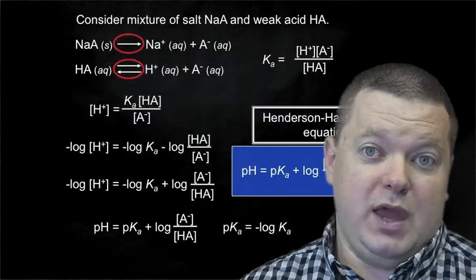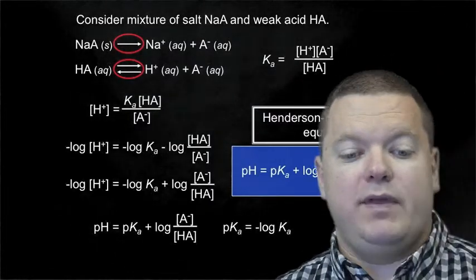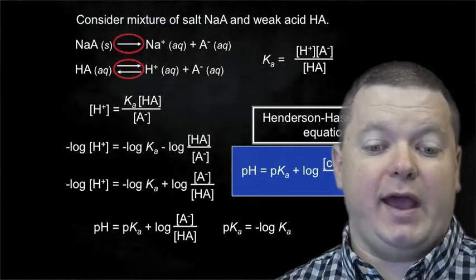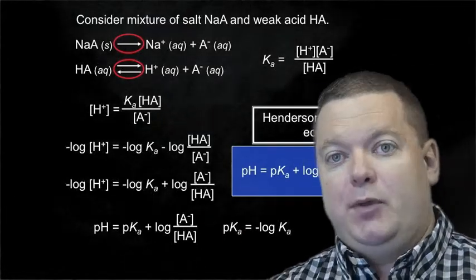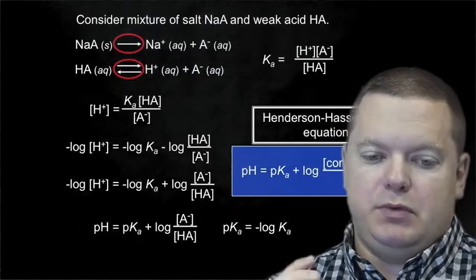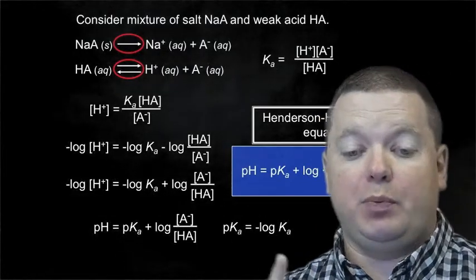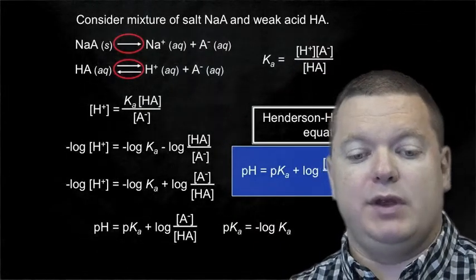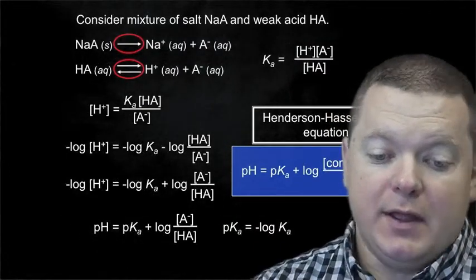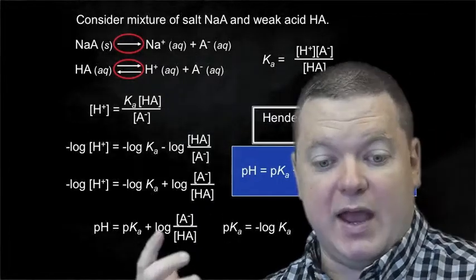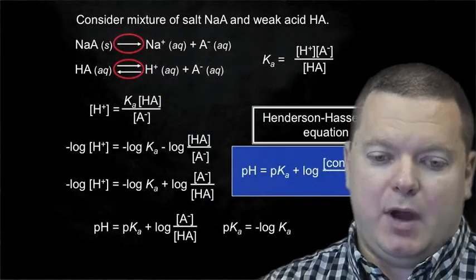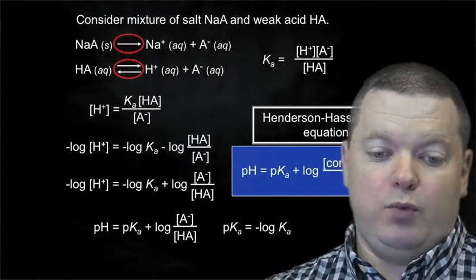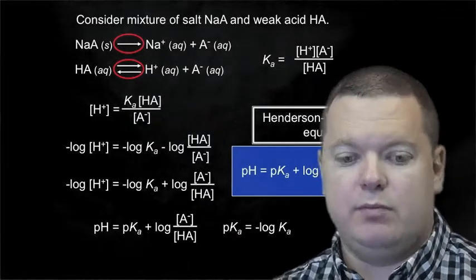So in order to find pH, we take the negative log of that value. We can take the negative log of both sides. From the rule of logs, remember that multiplying two things together is the same as adding them when you take the log. So we can take the negative log of the Ka plus the negative log of HA over A minus. If we don't like that negative, we can flip it over and make that a positive.